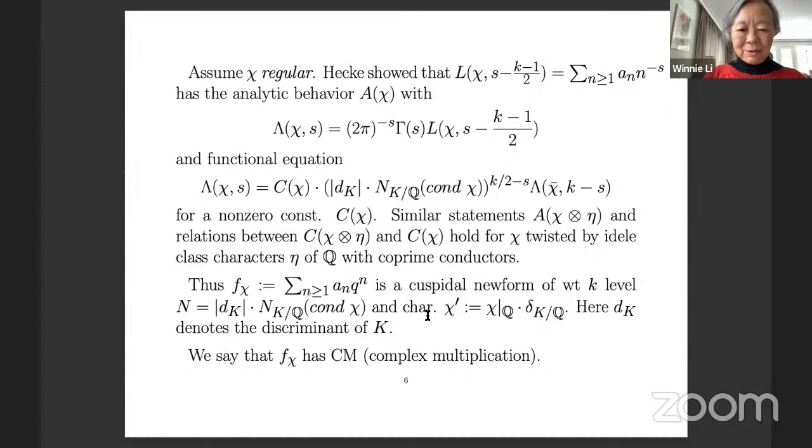We also know its character: it is chi itself restricted to Q, times the quadratic twist. So everything is very explicit from applying Weil's converse theorem. We call this kind of modular form, which comes from a character of an imaginary quadratic extension, having complex multiplication.